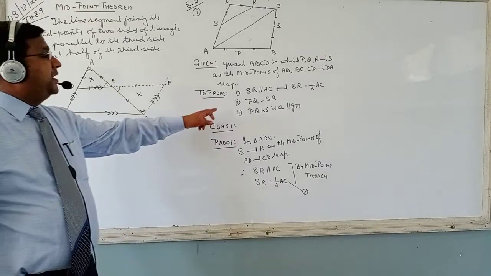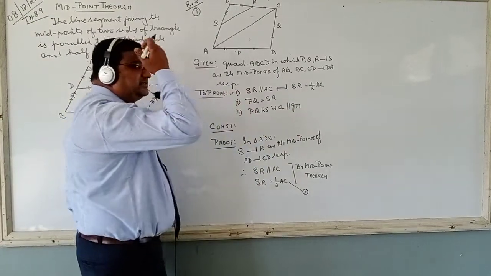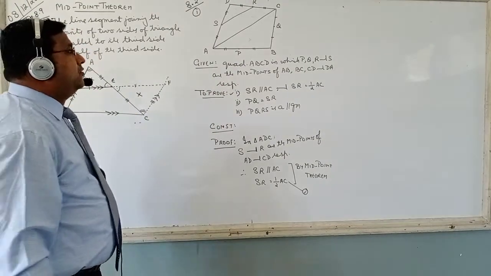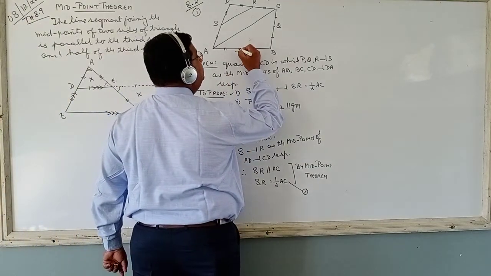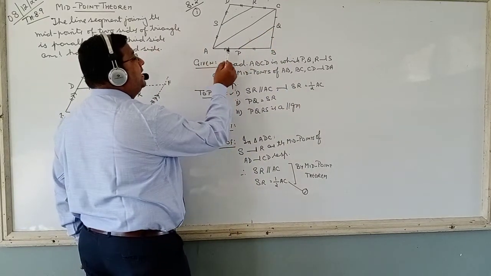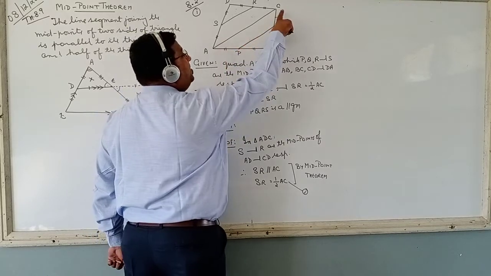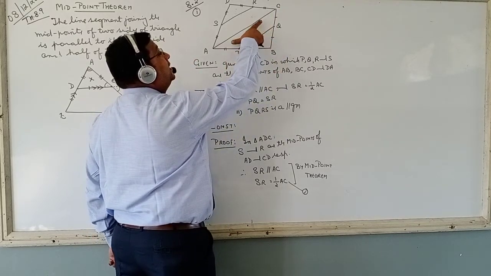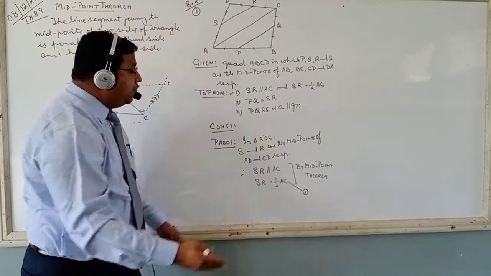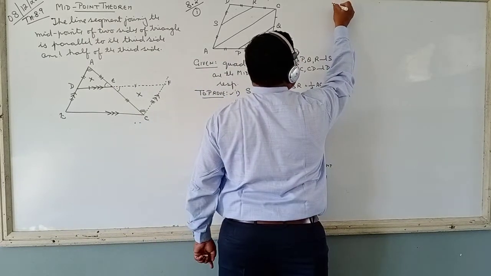Now the second thing says PQ equals SR. The first part is proved, so nothing more to prove, only the statement was to be written. Second, PQ equals SR. Where is PQ? So this is PQ. So again check. Take a look at triangle ABC. Are P and Q the midpoints of AB and BC? So will this PQ be parallel to AC? Will this PQ be half of AC? Again by what theorem? Midpoint theorem. The only thing that changes is the triangle.